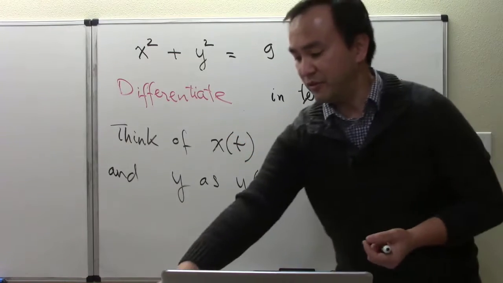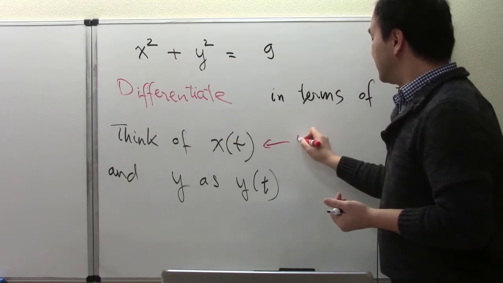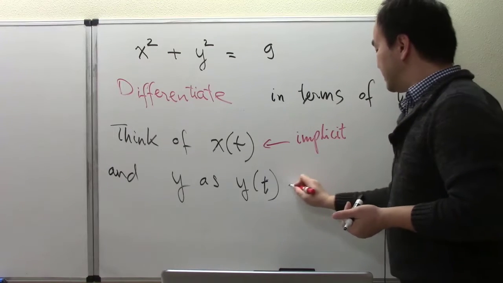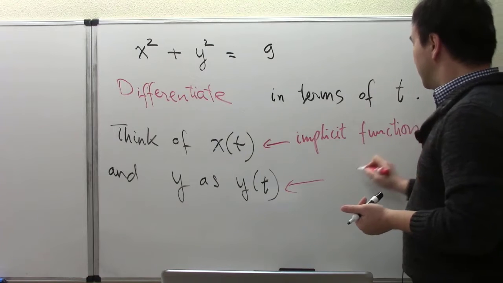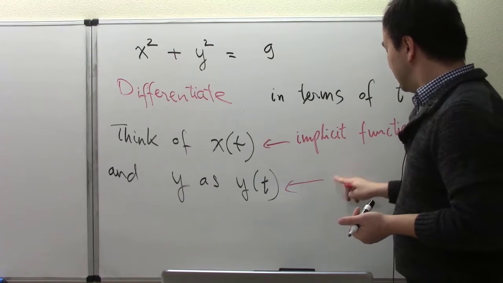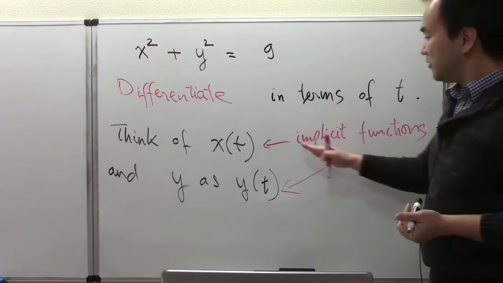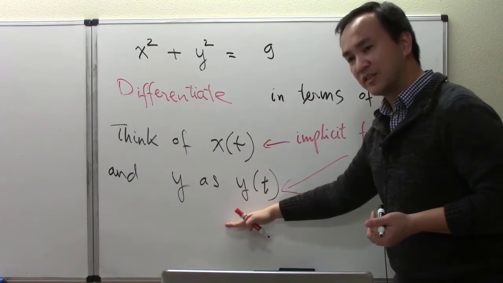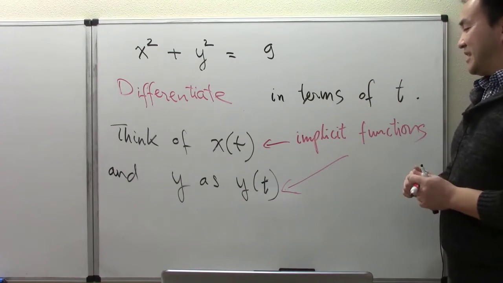In case you need to really highlight that, this is an implicit function, and this is another implicit function. Both of these, the x is an implicit function of t. The y is also another implicit function of t. And that is the idea.